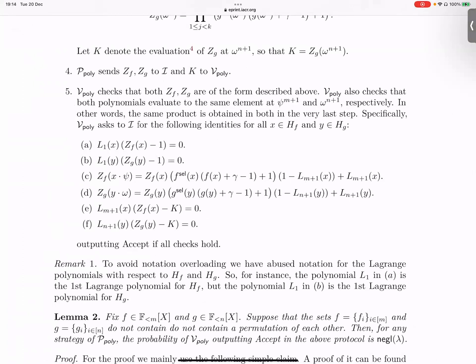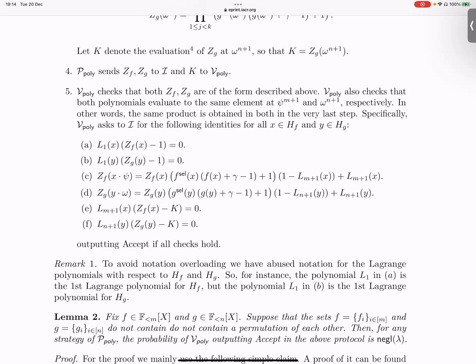So if the selector is 0, we are just multiplying the last one by 1, and if the selector is 1, we are multiplying the last value of Z by the actual value. Okay, and we have this gamma, which is in order to be safe, because you don't really know what you are multiplying, but you are doing the same thing.